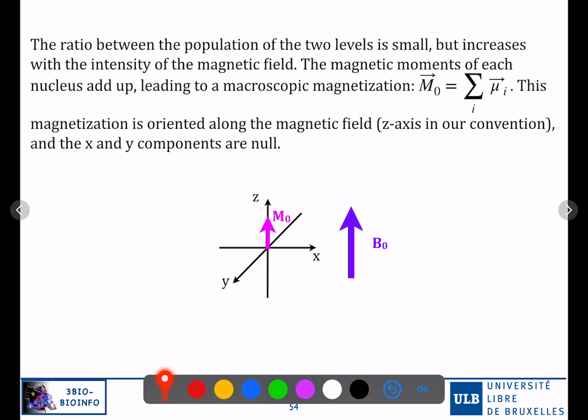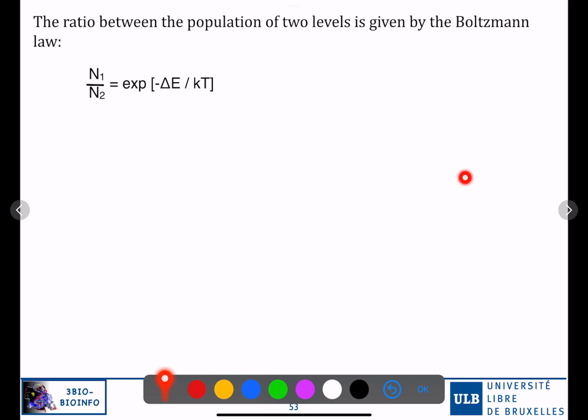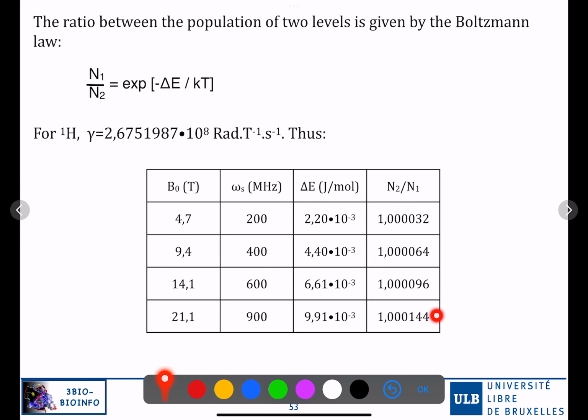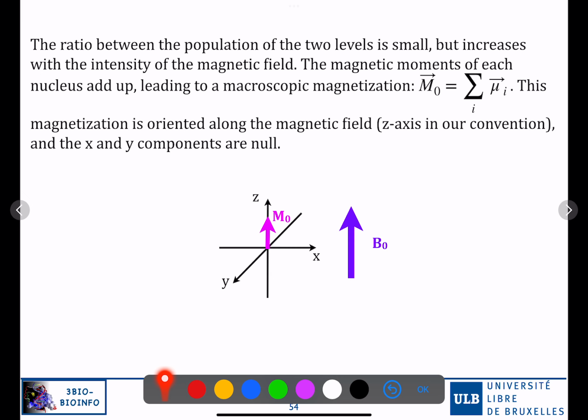Thanks to the small difference in the two populations, the ratio between the two is different from 1, and thanks to that, you have a macroscopic magnetization that is different from 0. And this macroscopic magnetization is oriented along the magnetic field, Z in our convention, and the X and Y components of this magnetization will be equal to 0.